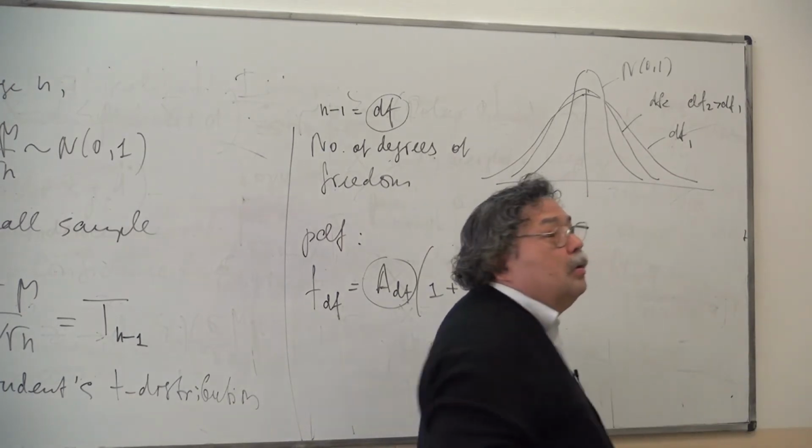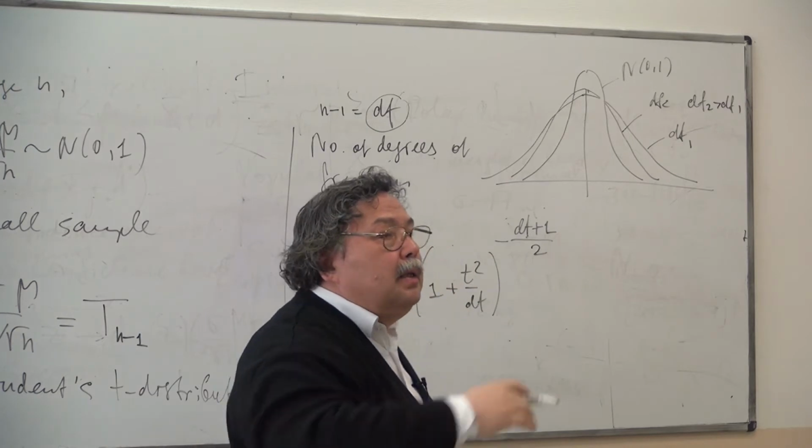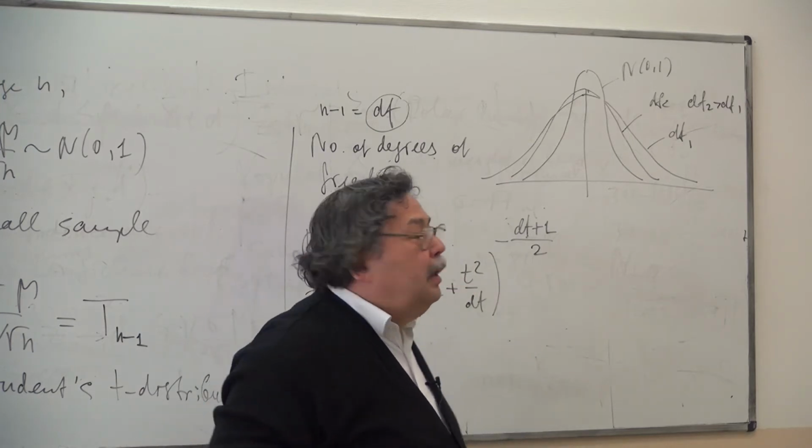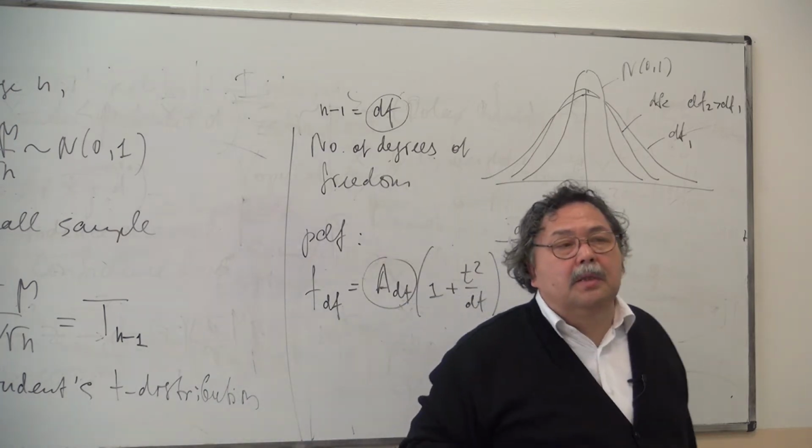For any value of df, the number of degrees of freedom, it's a bell-shaped curve, and generally it resembles the normal distribution.